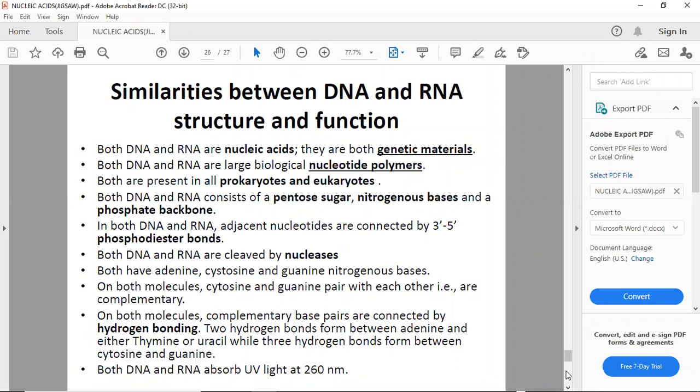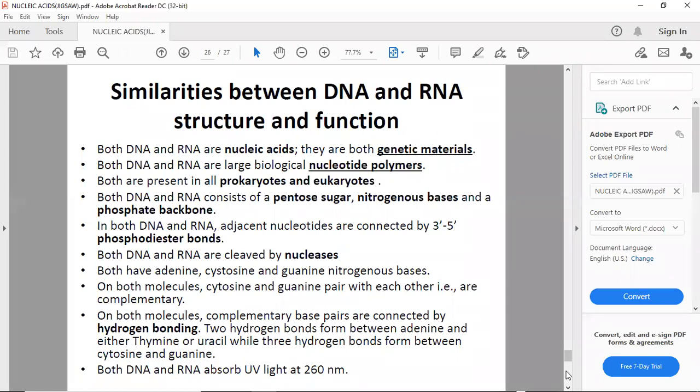So both DNA and RNA are nucleic acids or genetic materials. And then we looked at the formation of DNA and RNA. They are polynucleotides, made up of repeating units of nucleotides. They are made by the reaction of polymerization, so they are nucleotide polymers.